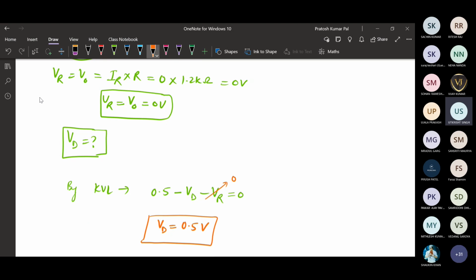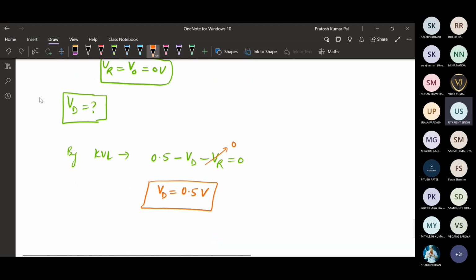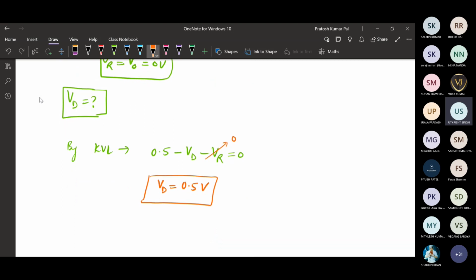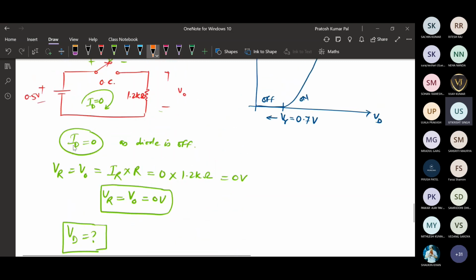Okay, so this will be your voltage drop across the diode, the current flowing through this comes out to be 0 ampere, and the voltage drop across the resistor comes out to be 0 volt. Okay, so this is basically the analysis in the case of the diode.